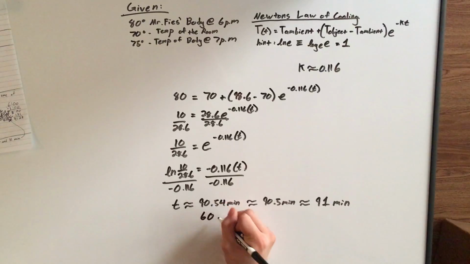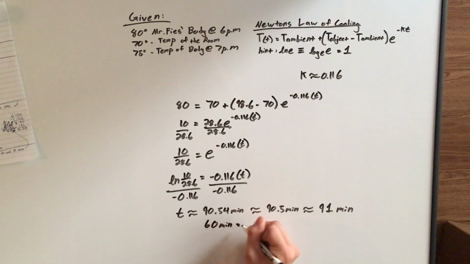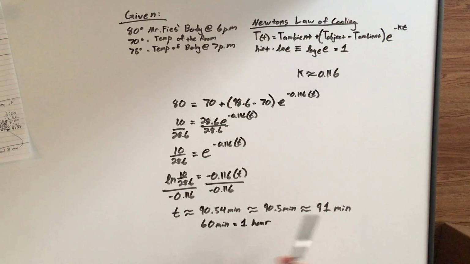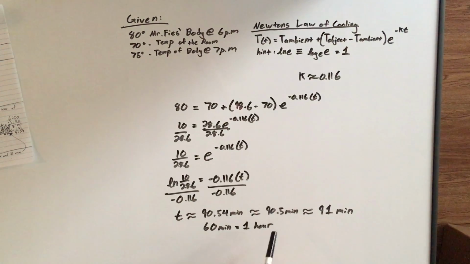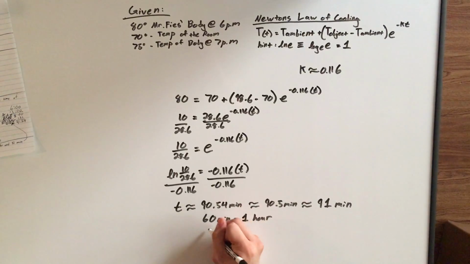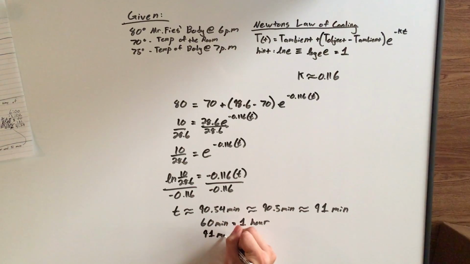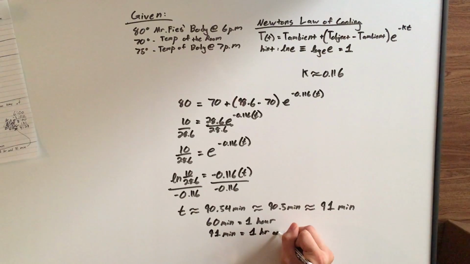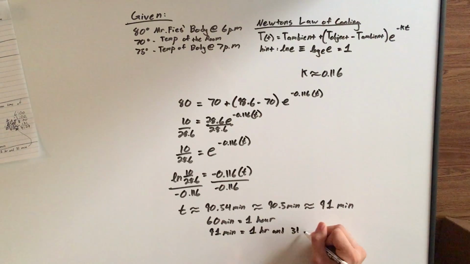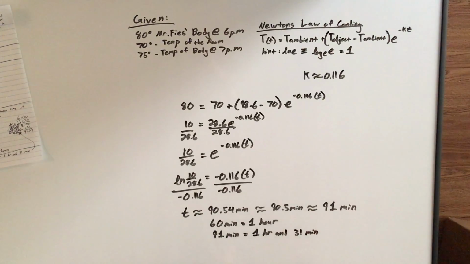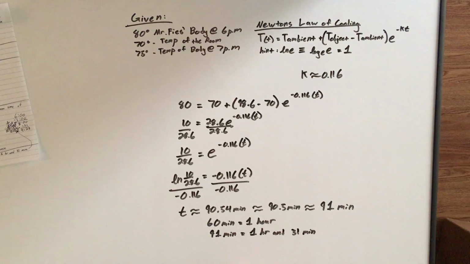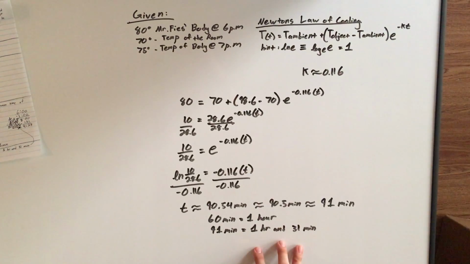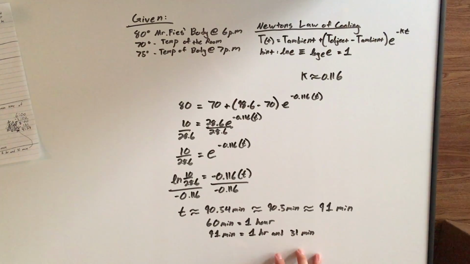So let's convert this to make this easier on ourselves. We know that 60 minutes is equal to 1 hour. Now, 91 minutes is going to give us a remainder of 31. So 91 minutes is equal to 1 hour and 31 minutes. Now that we have all the information, we can subtract this from the time that we found Mr. Fies' body, and that'll give us the time of death.